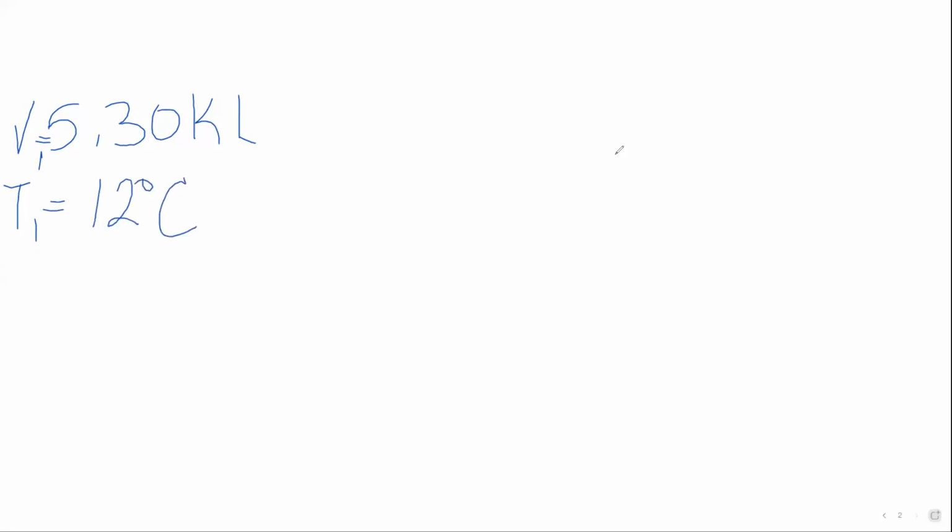Then it says, at what temperature will the balloon's volume be 6.00 kiloliters? That's a period I'm trying to put there, but it won't come on. All right, so the question is the temperature, right?